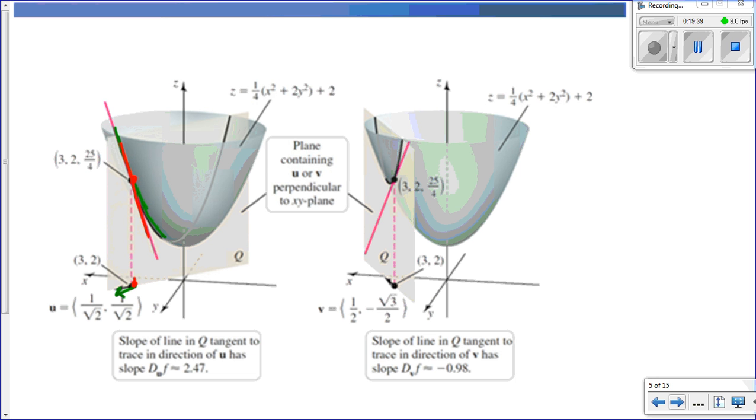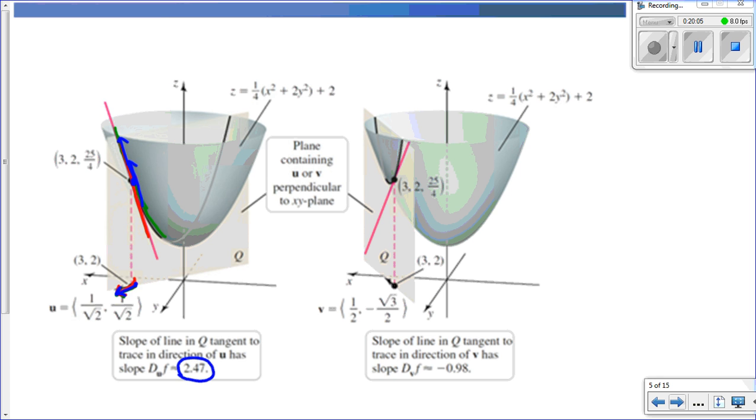Now, moving in this direction, we will be moving upward along the curve. So as you're moving from here to here, you would actually be moving from this point corresponding to (3, 2) upward on the curve, which means the z-value is increasing, and it's moving upward at this rate.